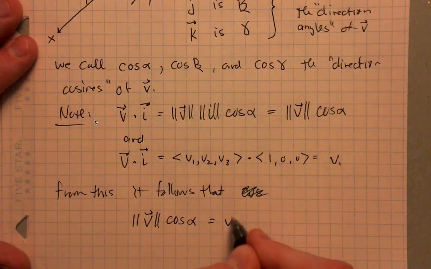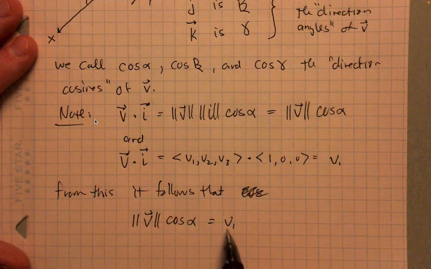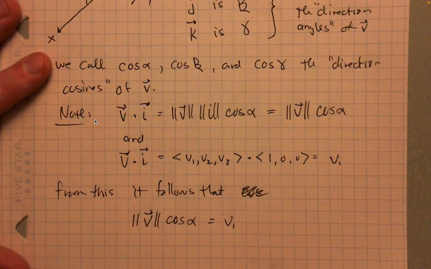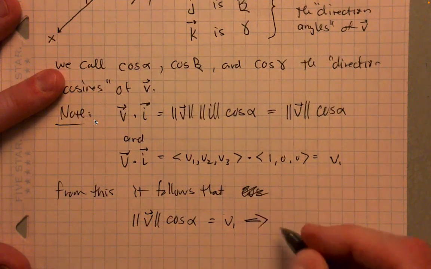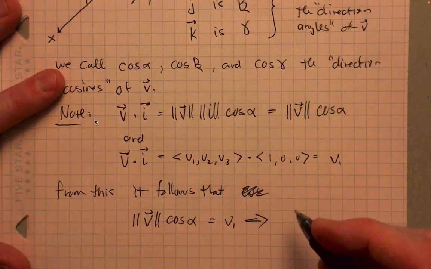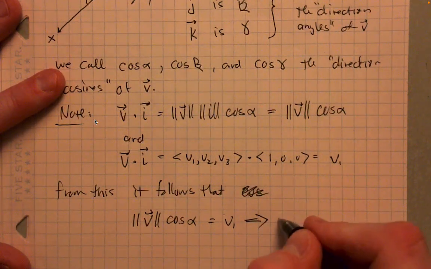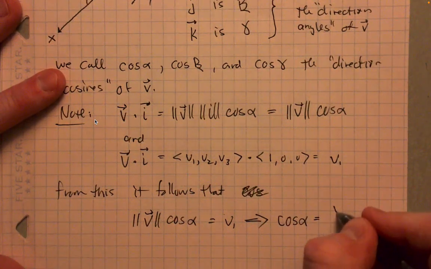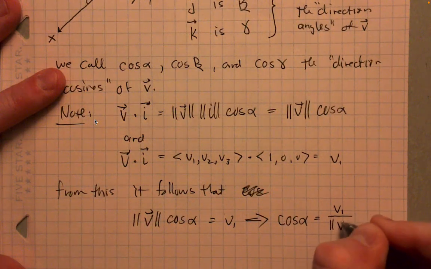That's a scalar, remember, not a vector; it's the first component of v. And so this means that the direction cosine, cos alpha, is equal to v1 divided by the norm of v.